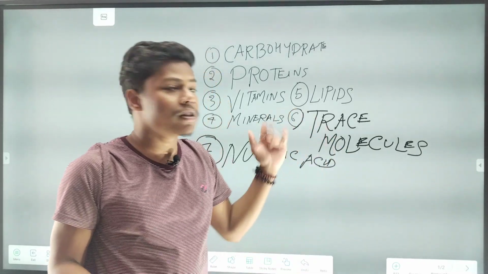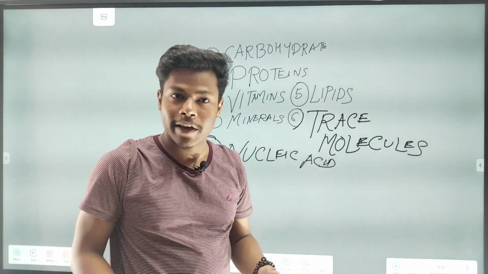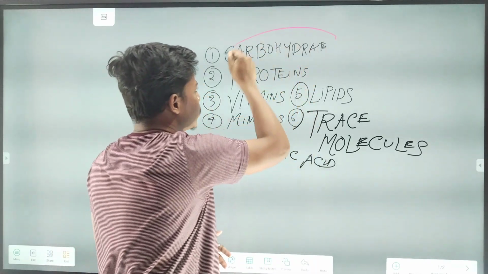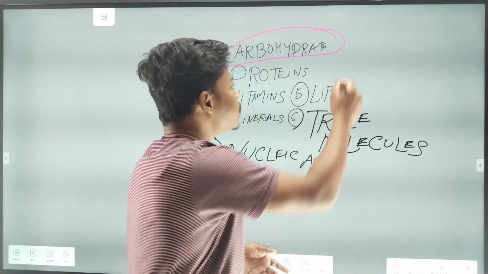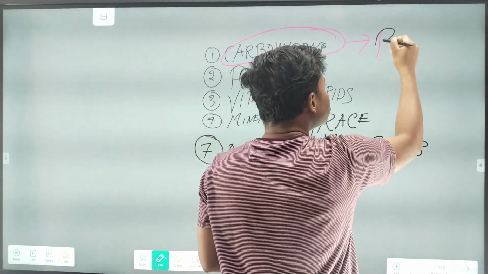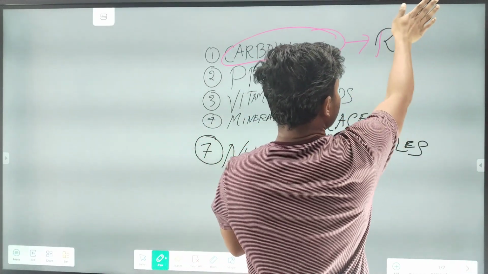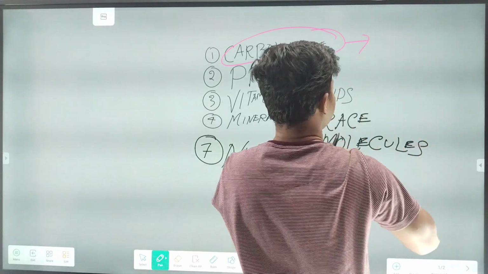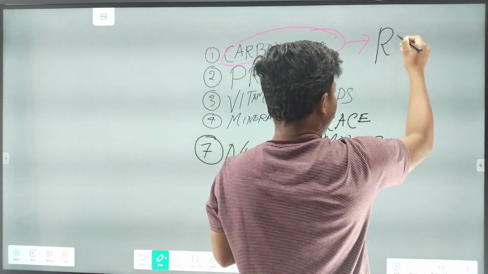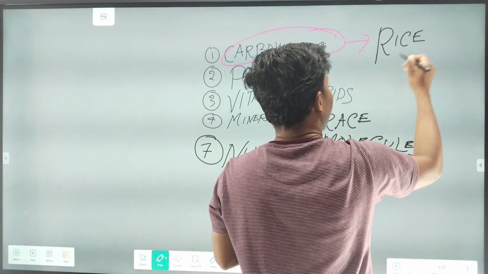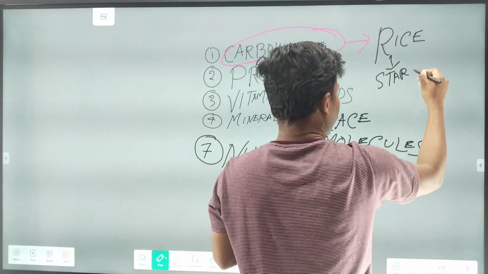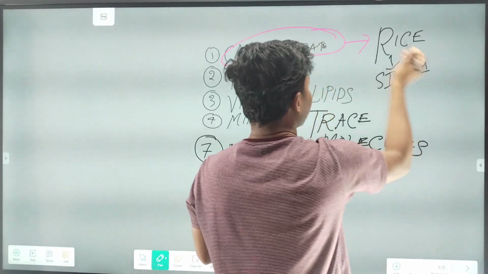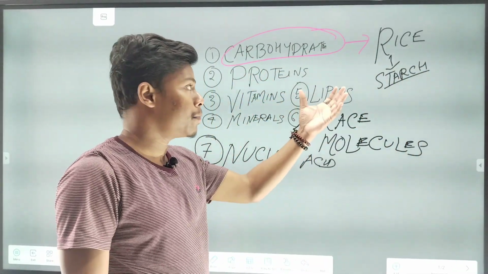Okay, so I'm just giving you an overview about each of these molecules, what the purpose or use of these molecules is in our day-to-day life. Say for example your carbohydrate. So why do we require carbohydrates? All of us eat rice, right? This rice contains starch, and this starch comes under the carbohydrate part.